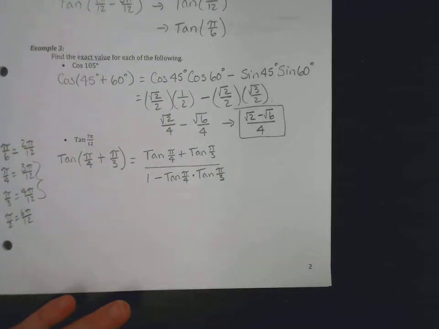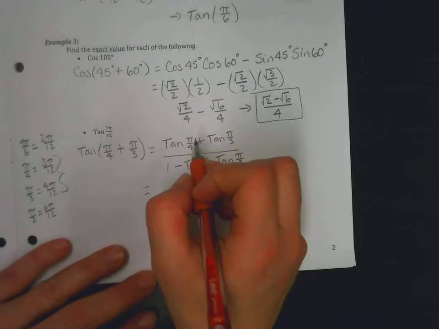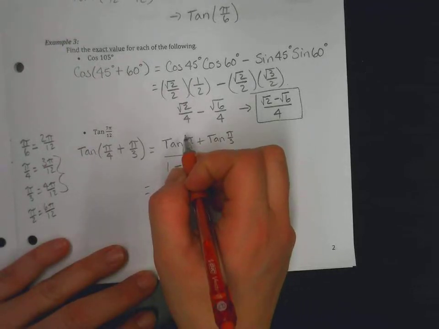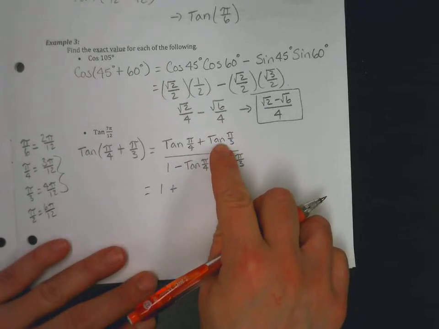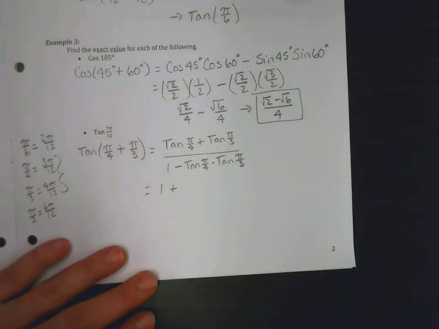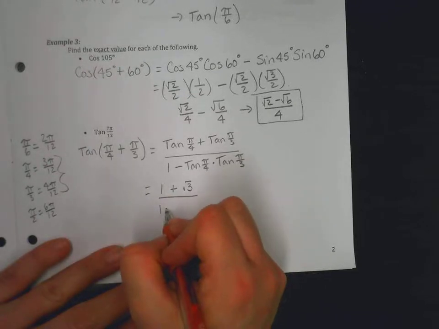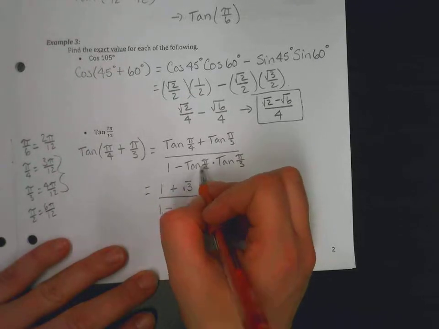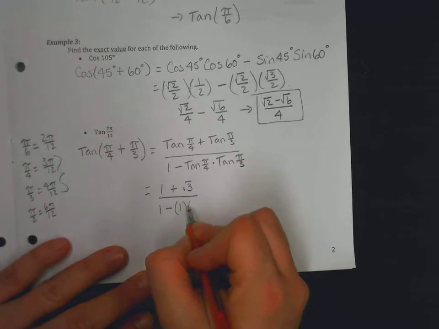So now I'm going to go to my unit circle and look those values up. Tangent of pi over 4 is 1. Tangent of pi over 3, if we've written out our tangent ratios on our unit circle, is root 3. 1 minus tangent of pi over 4, again, is 1, times tangent of pi over 3, which is root 3.